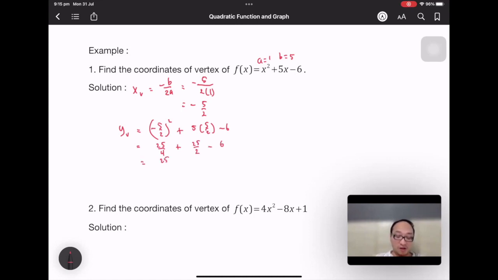So 25 over 4 plus 50 over 4 minus 24 over 4, which equals 51 over 4. So the coordinate of the vertex is negative 5 over 2 and 51 over 4.